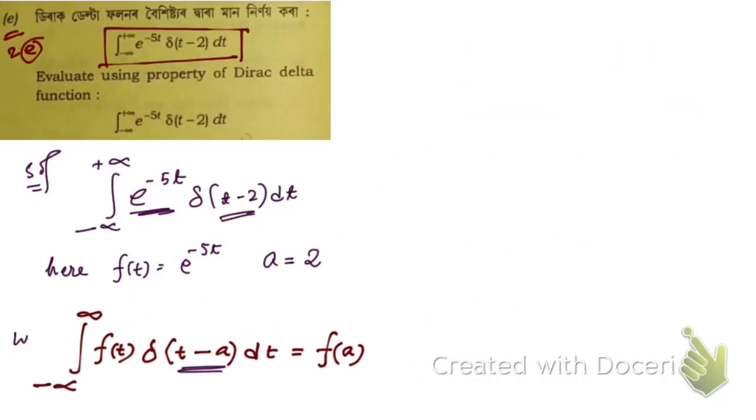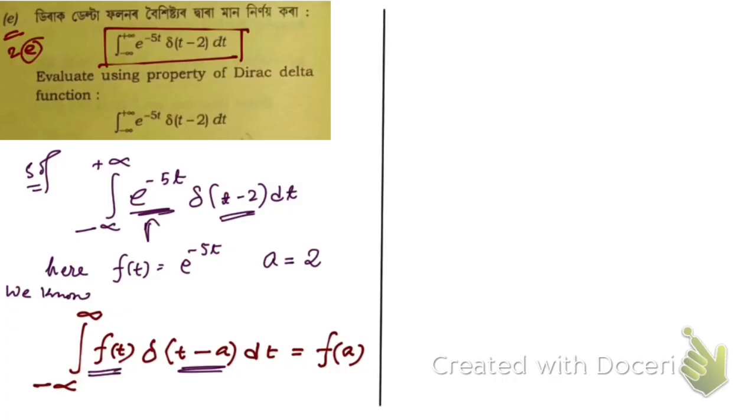So according to this property, replace f of t by this one, right? So we get the integration from minus infinity to plus infinity of e to the power minus 5t, delta of t minus a, which means t minus 2 in this case, dt.